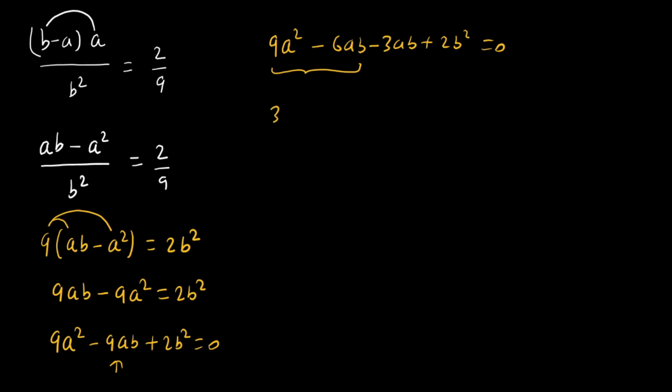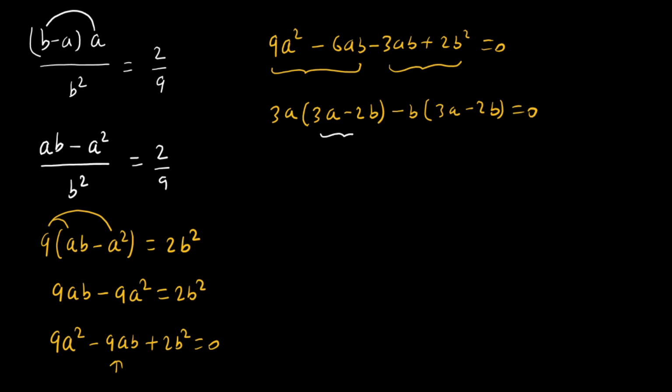If we take common 3 times a, 9 times a square divided by 3 times a gives 3 times a, and minus 6 times ab divided by 3 times a gives minus 2 times b. And if we take common negative b, then 3 times a minus 2 times b, and this is equal to 0.